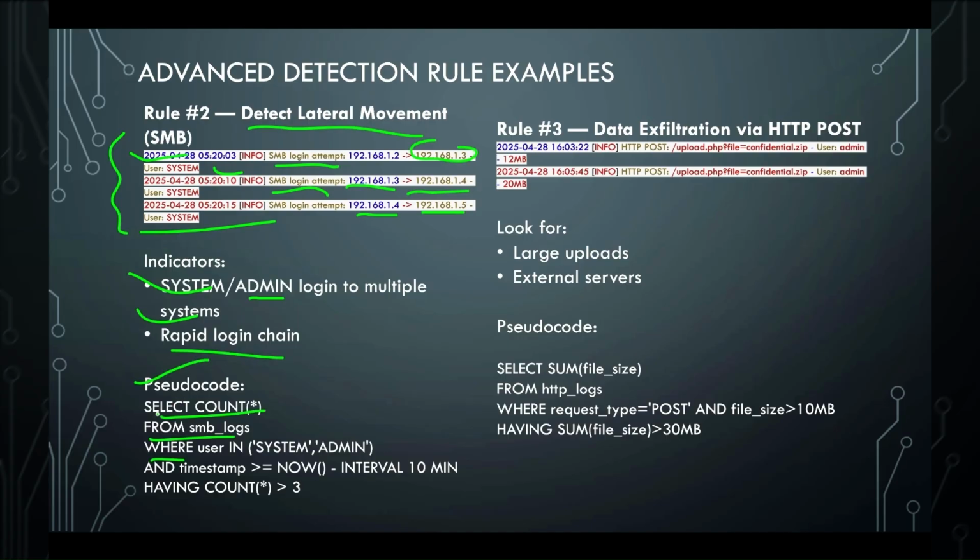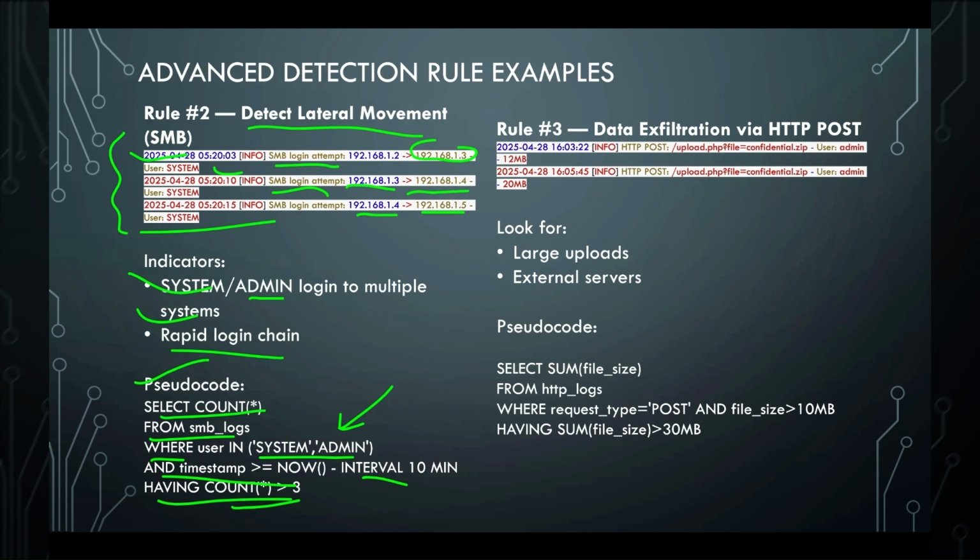The pseudocode would be: select count from SMB log where user in system or admin. This is the user detail; you can put your own user or system detail here, and timestamp from now to the next 10 minutes and having count more than 3. So this rule will detect if an administrative account tries to access more than 3 systems or machines within 10 minutes.